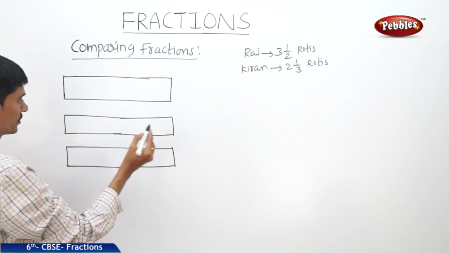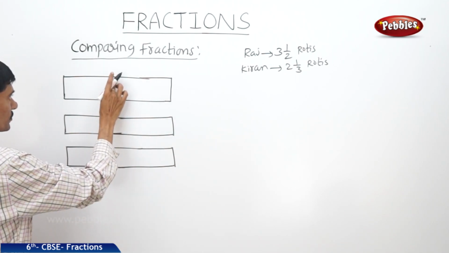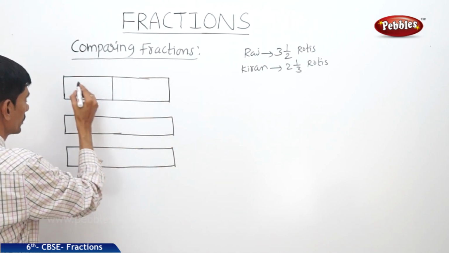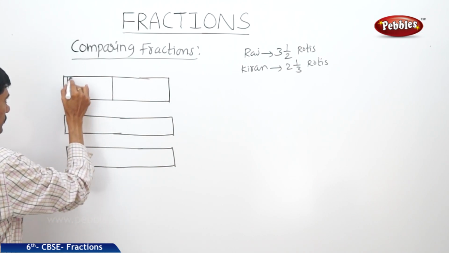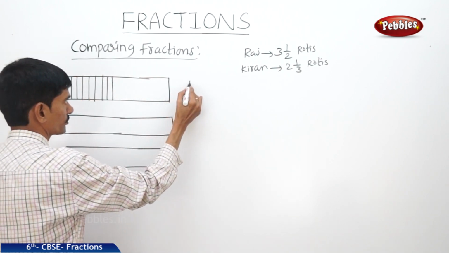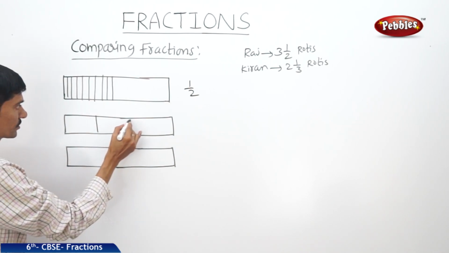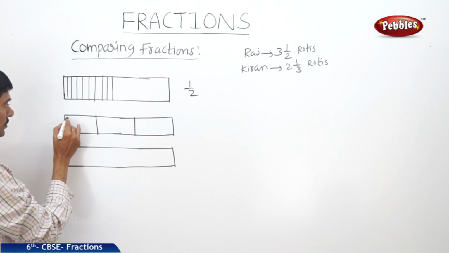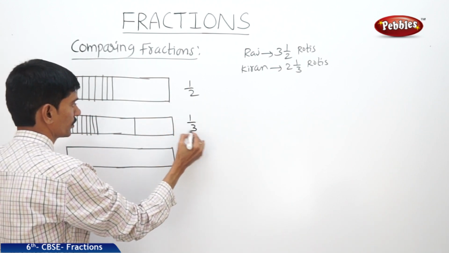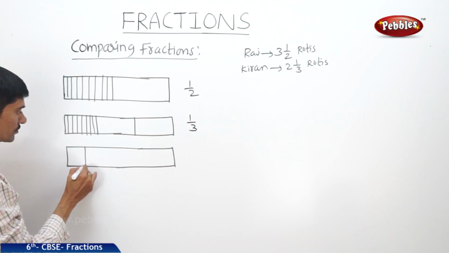So in the first case, the rectangle is divided into two equal parts, and here one part is shaded. Now this is 1 out of 2, so 1 by 2. And in the second case, the same rectangle is divided into 3 equal parts, and here one part is shaded. So this is 1/3. And in the next case, the rectangle is divided into 4 equal parts.